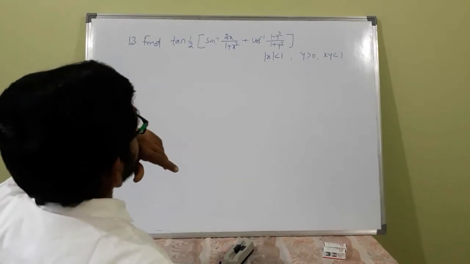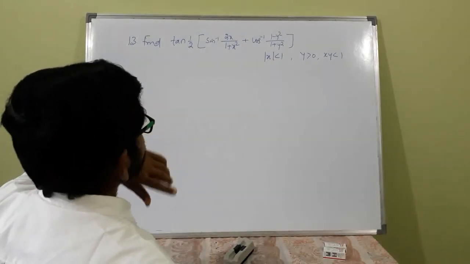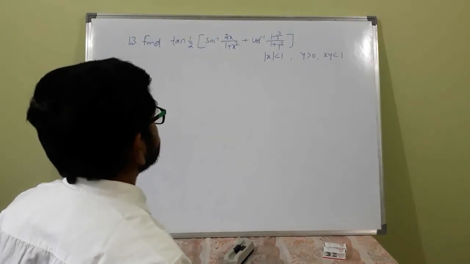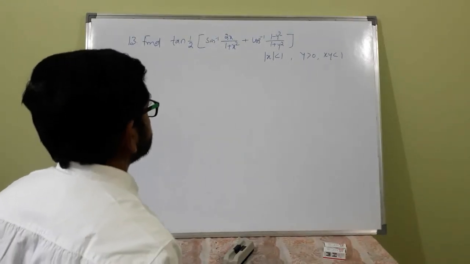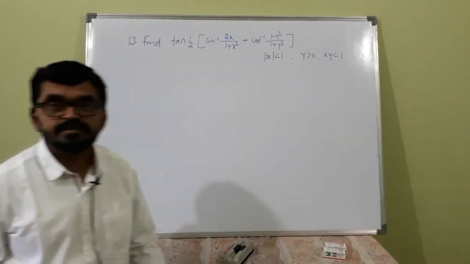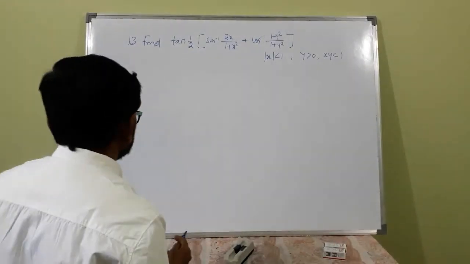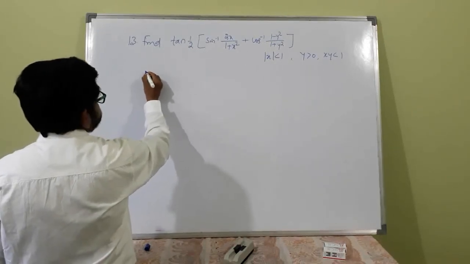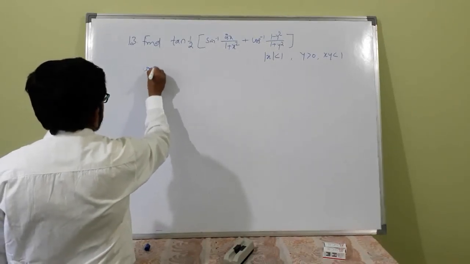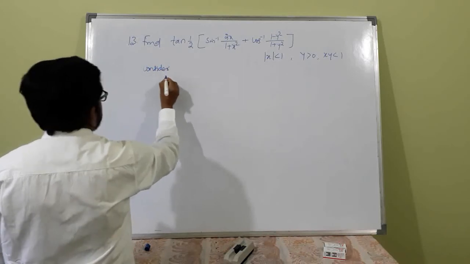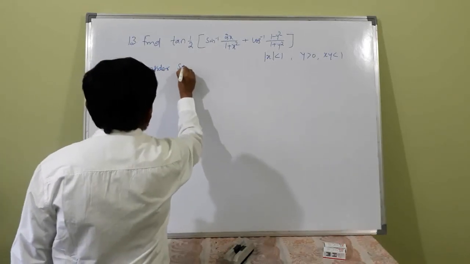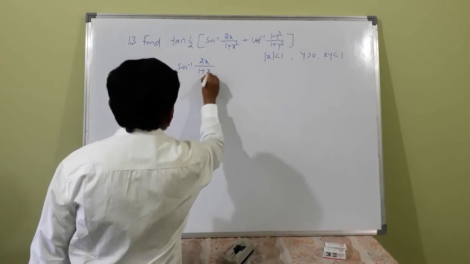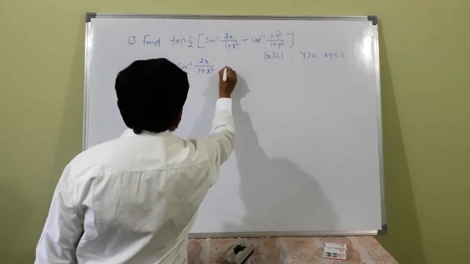Similarly, there also if you substitute y is equal to tan of some other angle, 1 minus tan square theta divided by 1 plus tan square theta reduces to cos 2 theta. So consider sin inverse 2x by 1 plus x squared. Let us consider this term first.